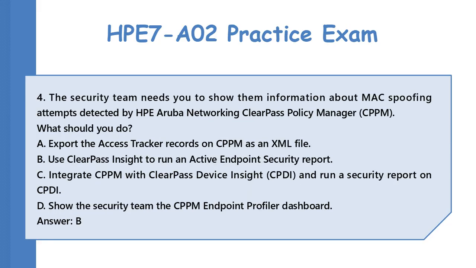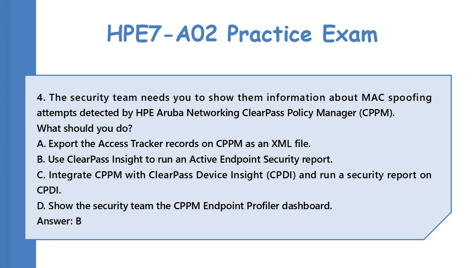4. The security team needs you to show them information about MAC spoofing attempts detected by HPE Aruba Networking ClearPass Policy Manager, CPPM. What should you do? A. Export the access tracker records on CPPM as an XML file.